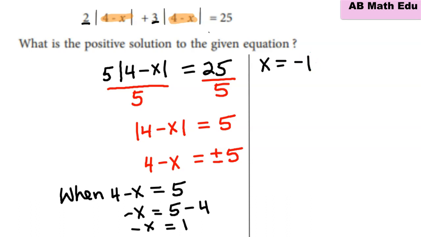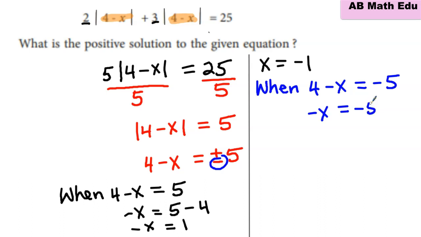That's the first instance. The next instance is that we have to consider the negative. So when 4 minus x is equals to negative 5, we take 4 to the other side, which is negative 5 minus 4. Negative x is equals to negative 9. We are looking for x. We divide both sides by negative 1, and x is equals to 9.